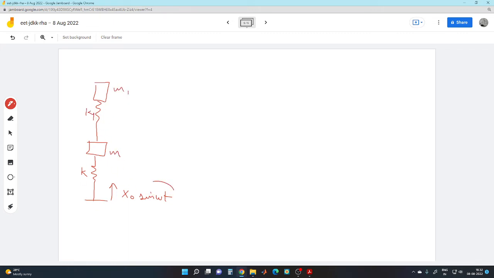If this excitation frequency is equal to the resonant frequency of this upper system, then the whole of the excitation will get shifted to this upper system, and no vibration will be received by the central mass. This is what we call the tuned mass vibration control.